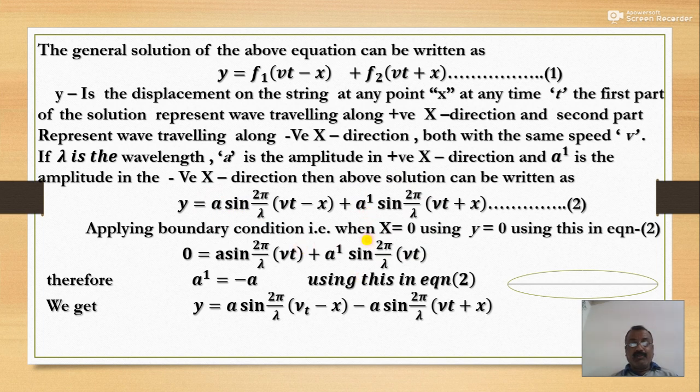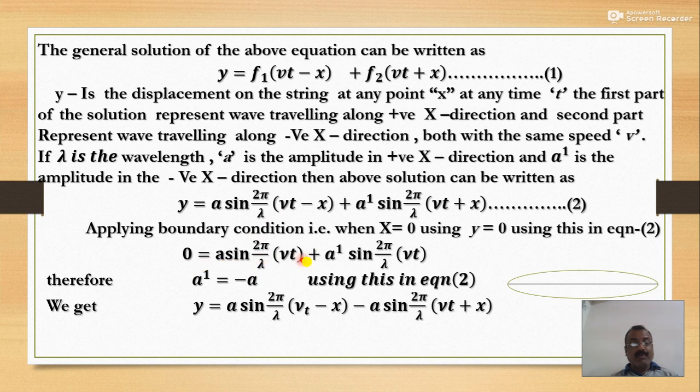By applying the boundary condition, when x is equal to 0 at this point, y should be 0. Hence, equation 2 can be written as 0 is equal to a sin 2 pi by lambda vt plus a dash sin 2 pi by lambda vt. sin 2 pi by lambda vt can be taken out. (a plus a dash) sin 2 pi by lambda vt is equal to 0.